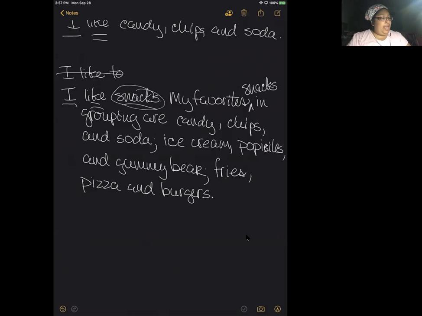Then you have a semicolon: ice cream, popsicles, and gummy bears; another semicolon: fries, pizza, and burgers. So you have this thing grouped here, this grouped here, this grouped here. Use the semicolon to separate groups. It's very rare you would use something like this, but it's there if you need it.